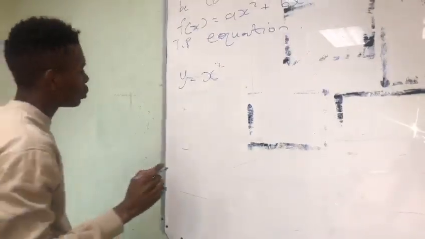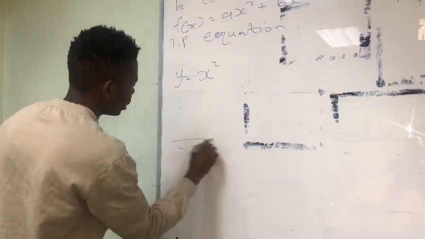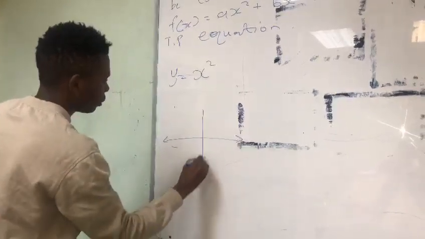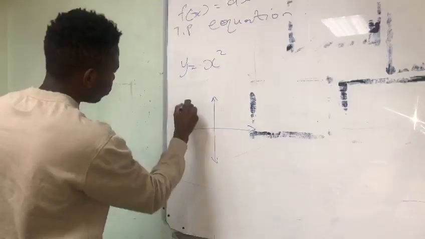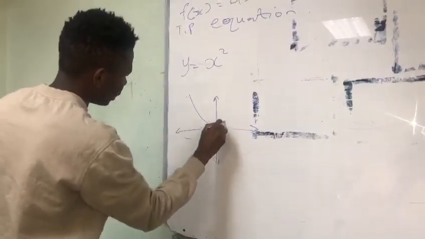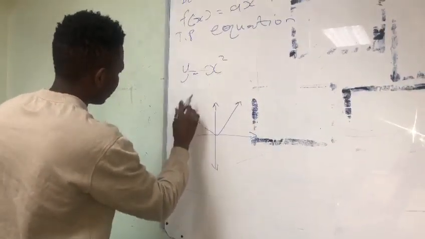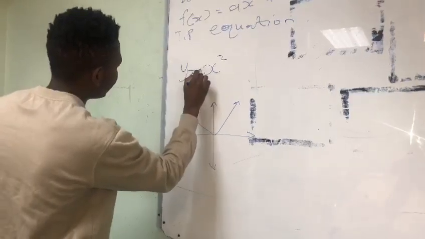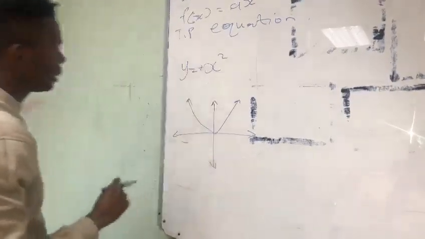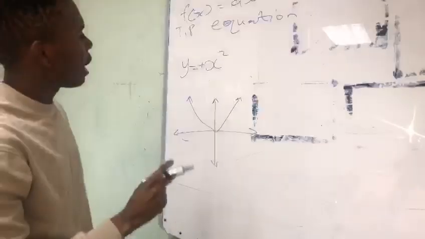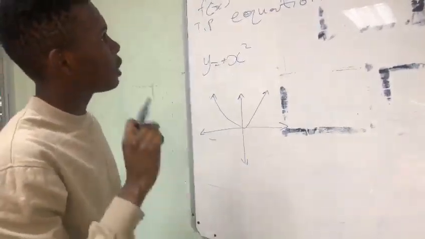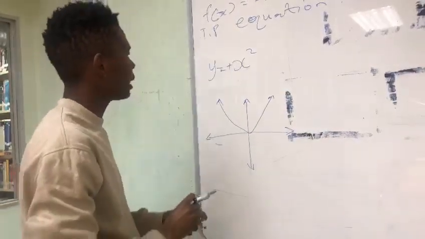So here is our parabolic equation. How are we going to draw it? Our parabolic equation will be like this. Our turning point will be 0 and 0. Because the value of A here is positive, it means it is a concave up, right?